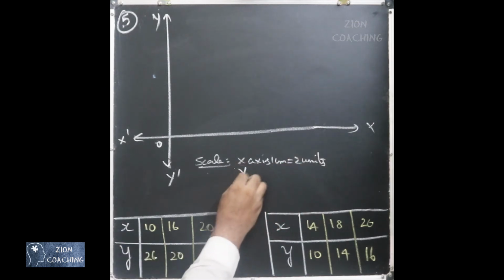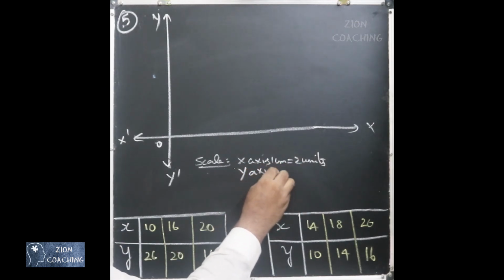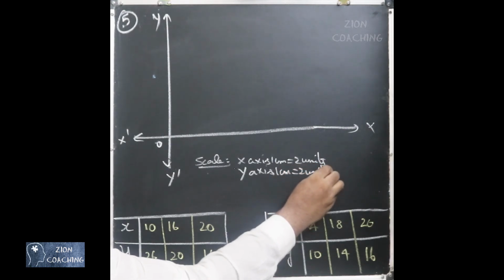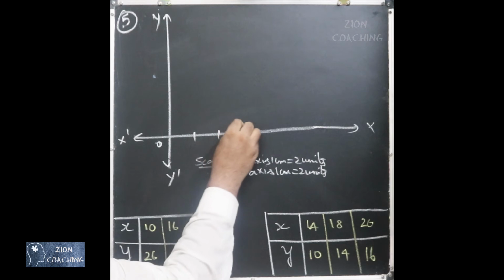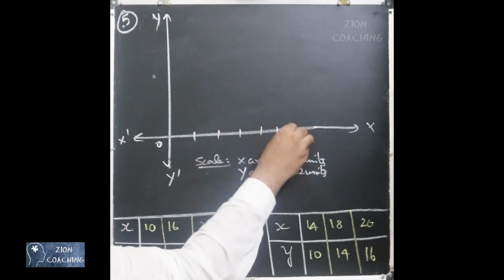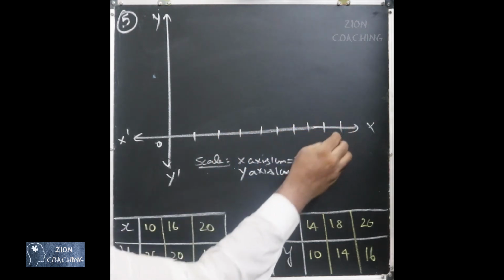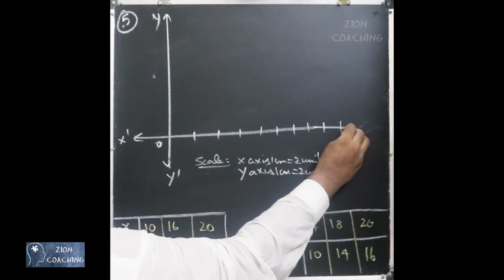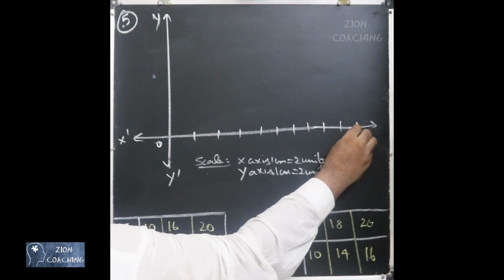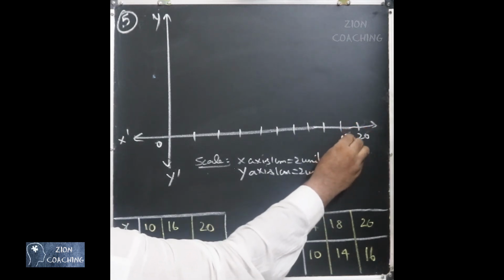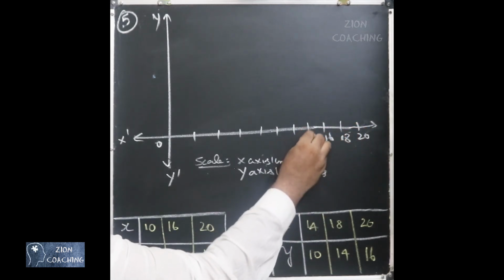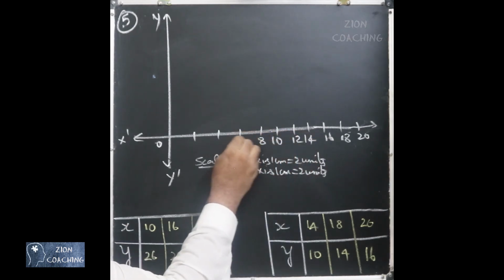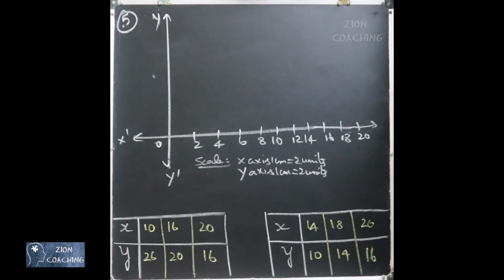Y axis also 1 centimeter equal to 2 units. Then we will have 2, 4, 6, 8, 10, 12, 14, 16, 18. Maximum we need values up to 20. So we will go one more, 20.